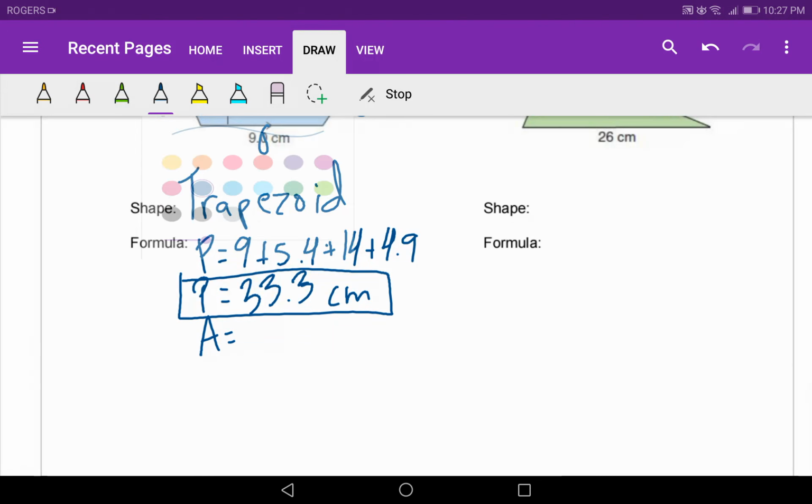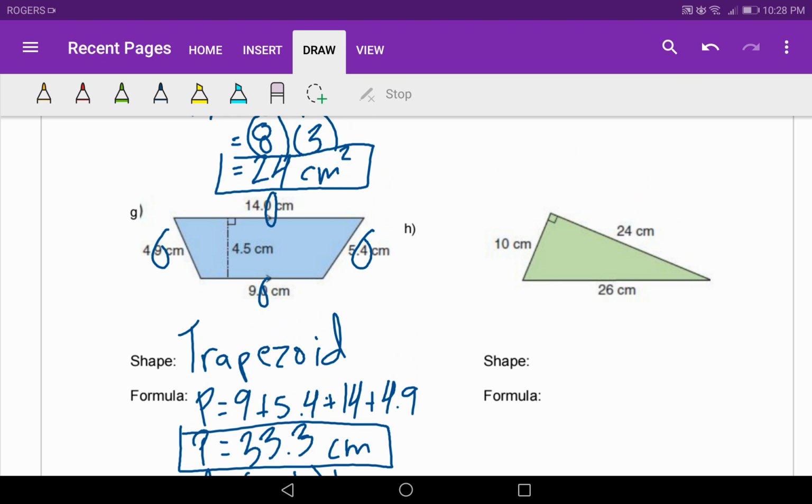So we have A plus B in brackets, multiply it by h, and then divide it by 2. Well, let's look at what my A and B are here.